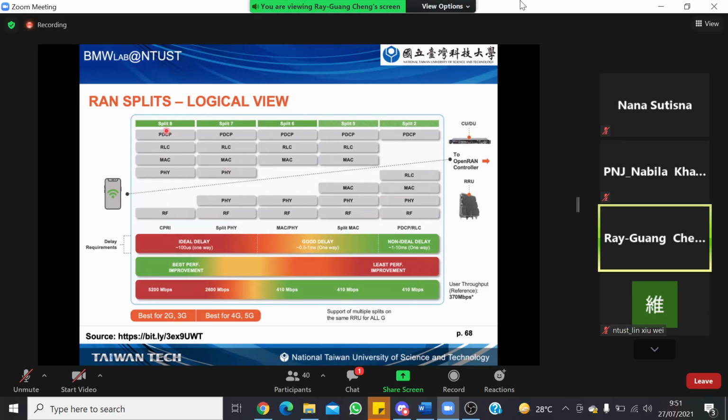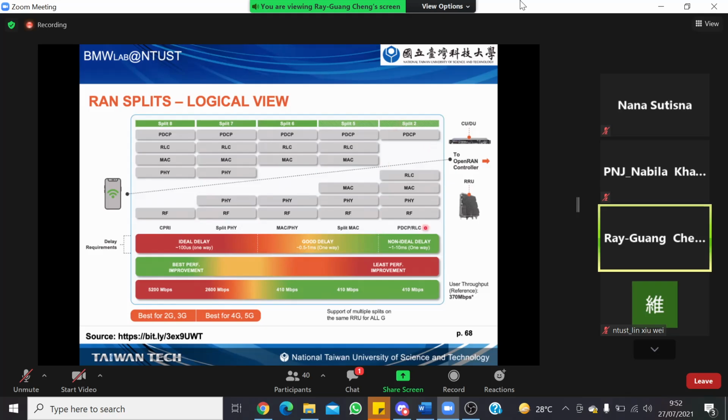If you do the separation in split 7, the delay is around 100 microseconds one way. But if you want to do it in split 6 and 5, you need to increase the delay to 0.5 millisecond to 1 millisecond.